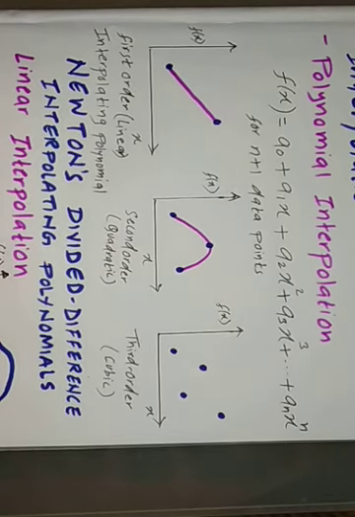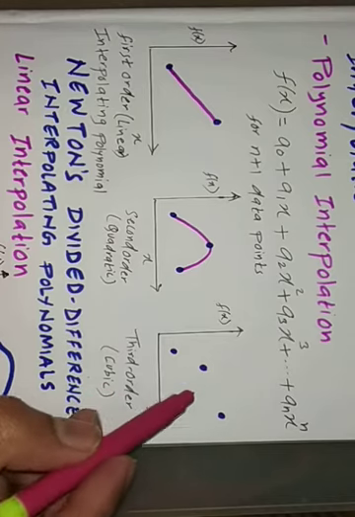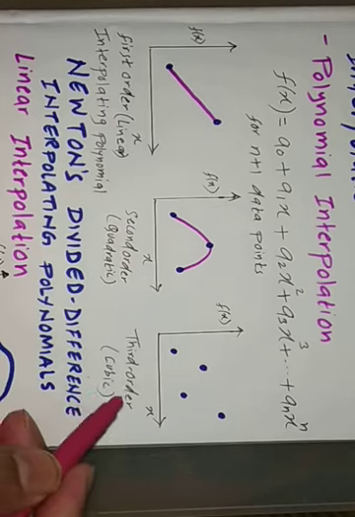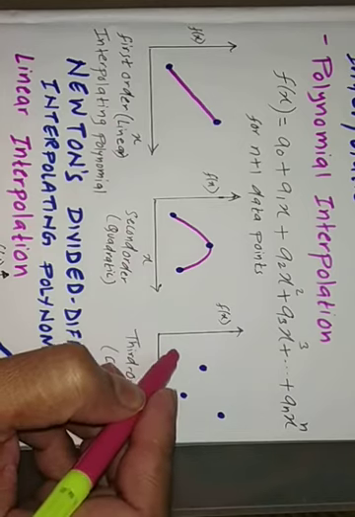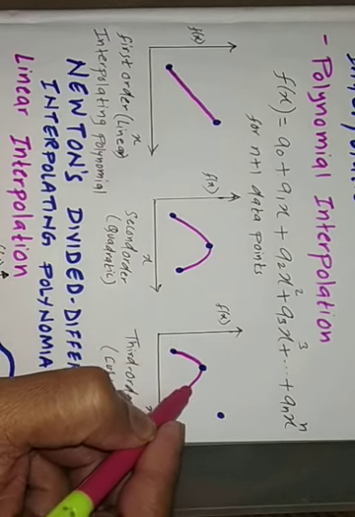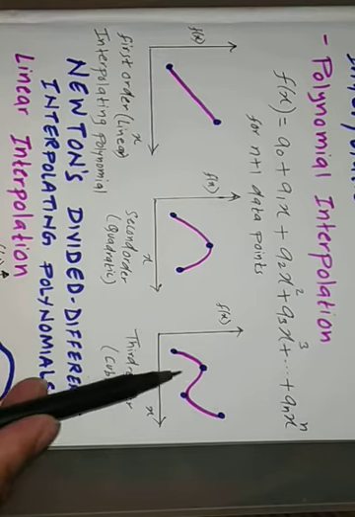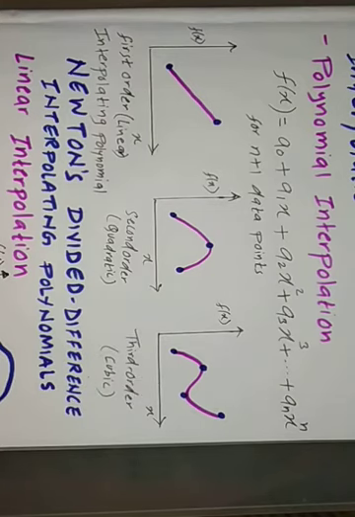Then if we have 4 data points, that is n plus 1 is equal to 4, so n will become 3, that is third order or cubic interpolating polynomial. So we will join these points using this cubic polynomial, and again we can find out intermediate values using this polynomial.